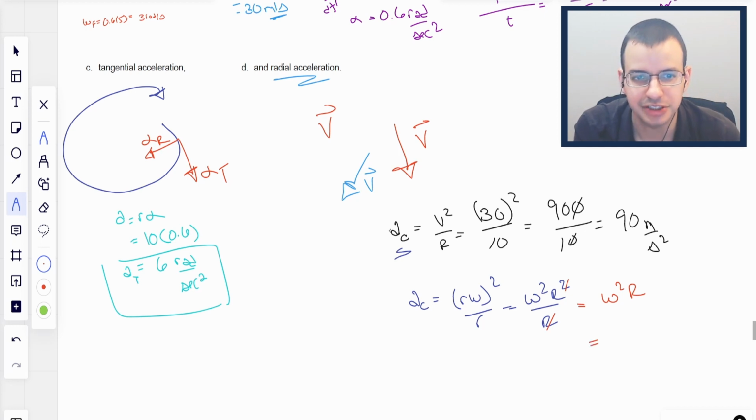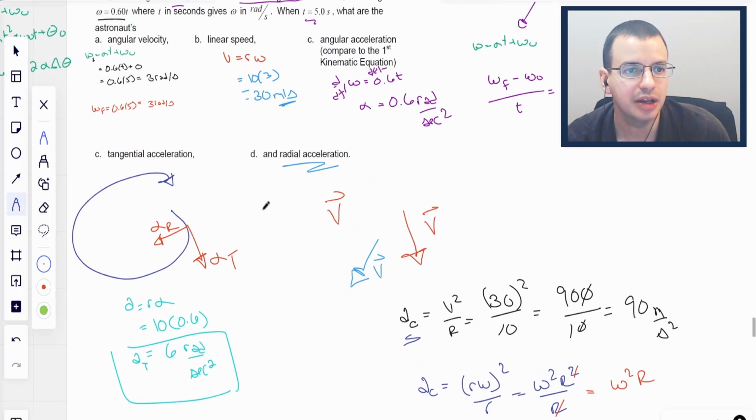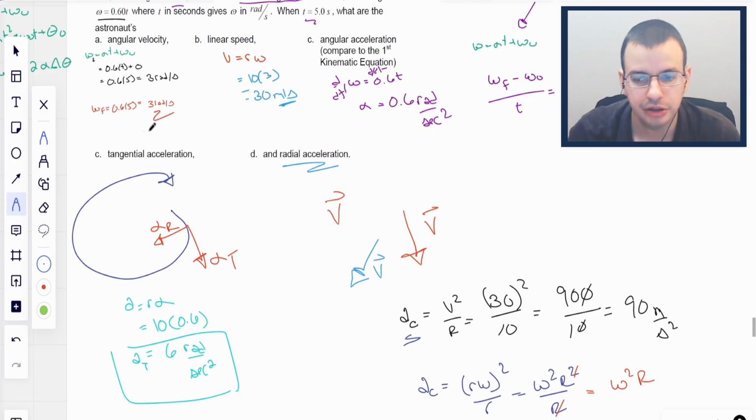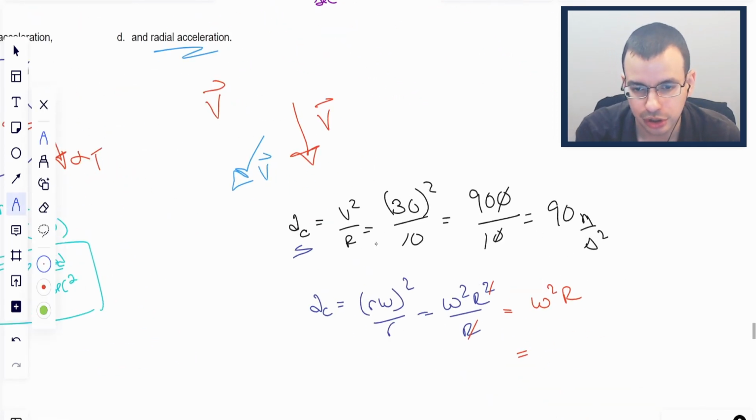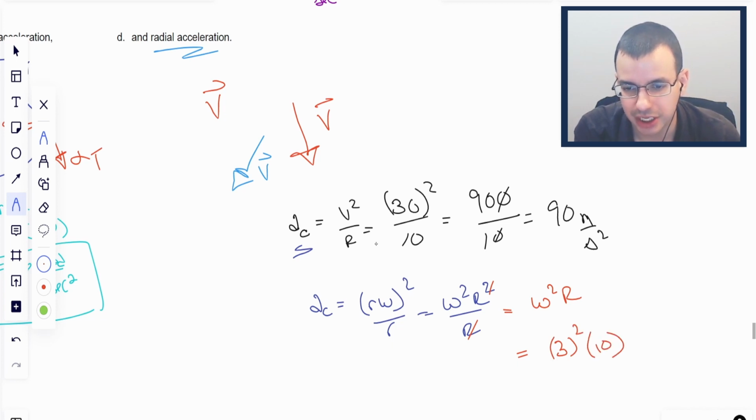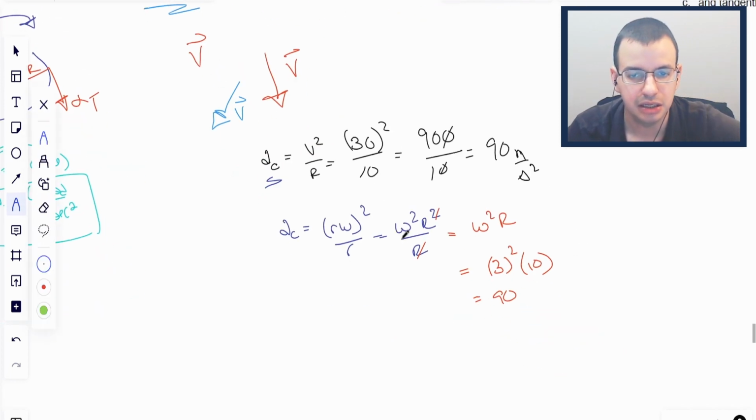Now if we plug in values, omega we said was 3. So 3 squared times r, which is 10, we get 9 times 10, which is again 90 meters per second squared.